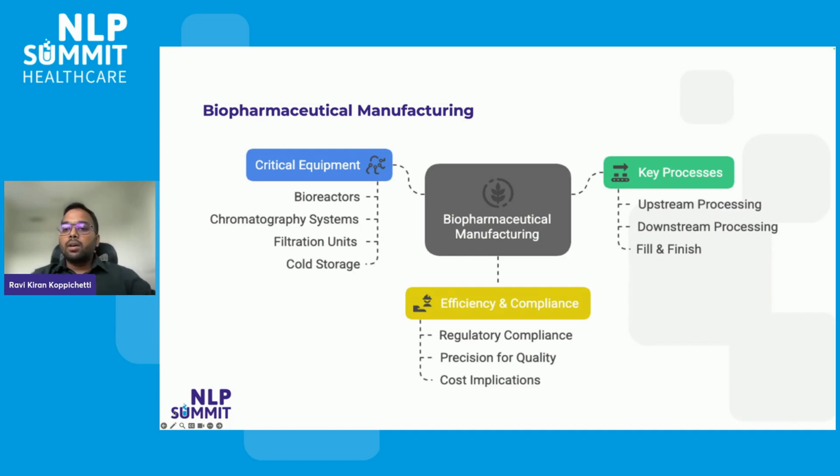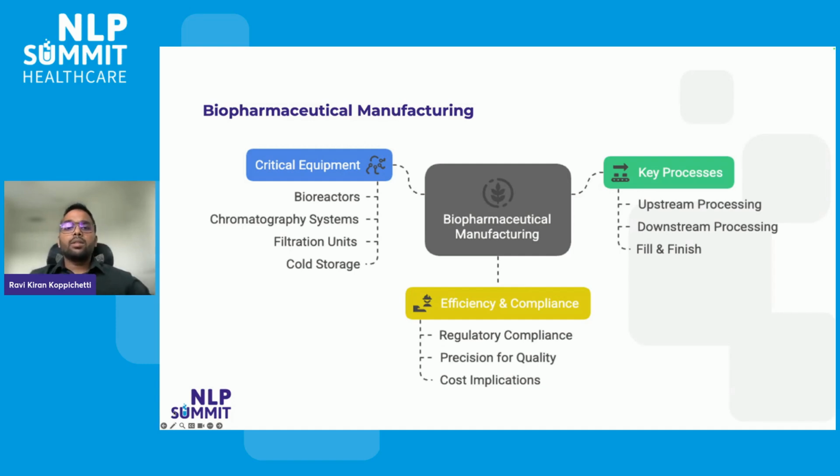Several essential steps are undertaken in our exploration of biopharmaceutical production. Initially, we engage in upstream processing, during which we meticulously cultivate and amplify the cells within a precisely regulated environment.